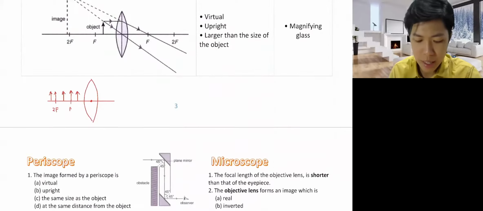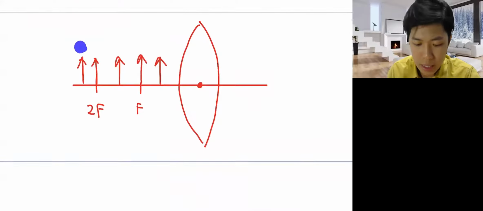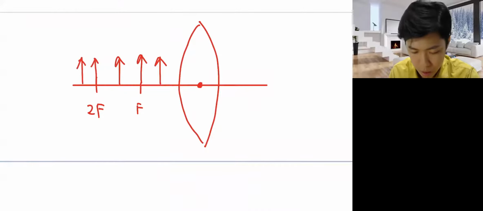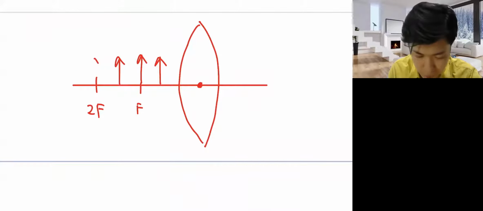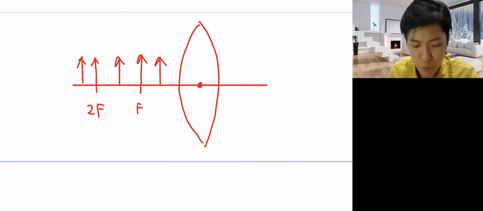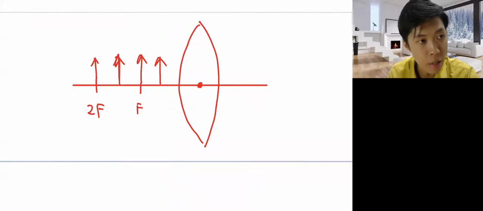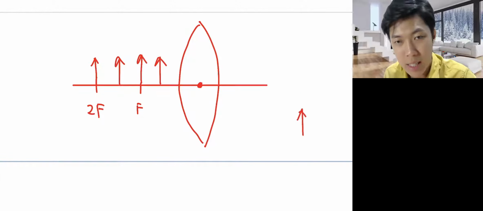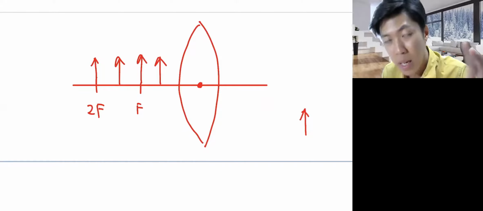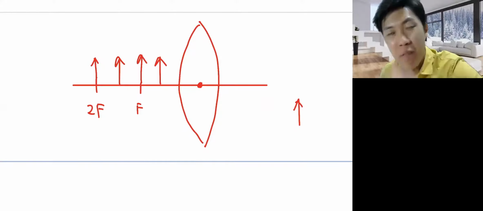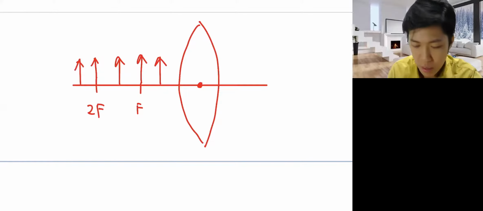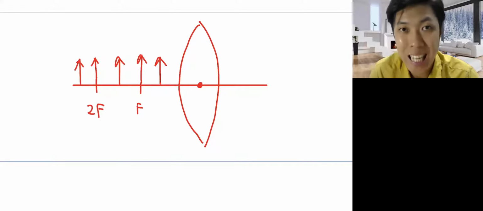Okay, so as you can see, my object is moving from here to here, to here, to here, to here. So as you go nearer to the lens, your image will form on the other side, but inverted and bigger and further away from the lens. So for now, let's remember their sizes.